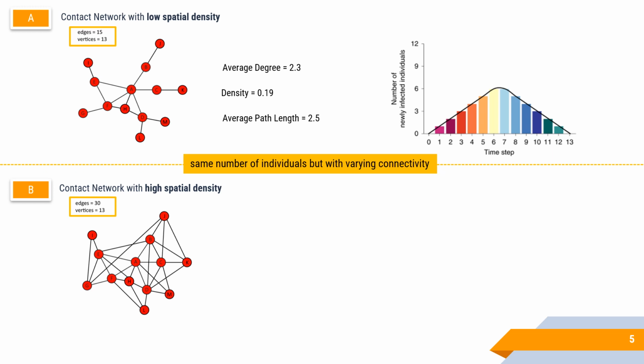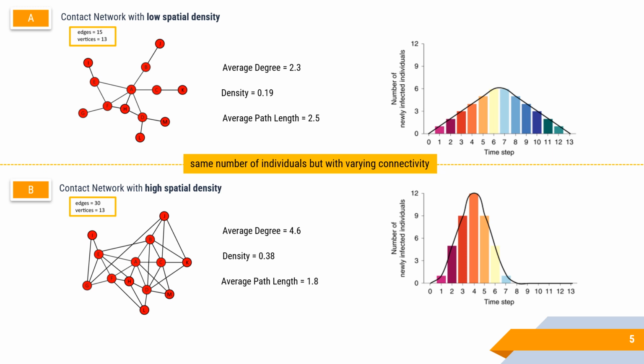On the other hand, in network B, individuals have a higher number of contacts with lower average distance. So we observe that epidemic spreads rapidly in such networks with early peaks, higher peak cases, and lower span. From this example, we show that the network properties distinctly influence epidemic dynamics and hence can be used for prediction.